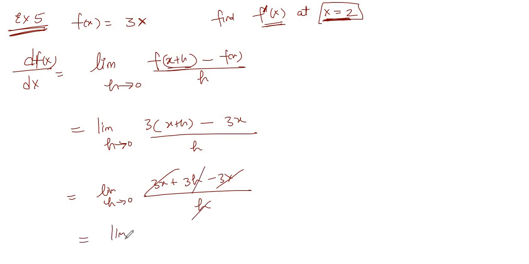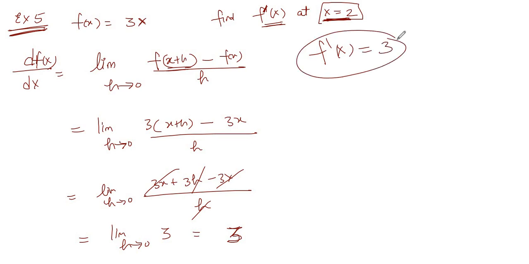What I am getting is limit h tending to 0 of 3, which is 3 only. So the derivative we are getting is 3. So f'(2) will also be 3, because the derivative of the function itself is a constant. This is my answer. Let's do the next example.